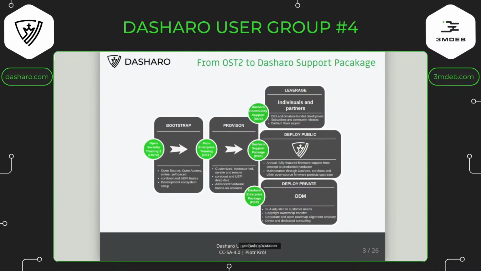If you look for PACE Enterprise Training.com, you will find a website which redirects essentially to the 3mdeb training subpage, and that's customized instructor-led on-site or remote trainings which we provide, which every organization can buy from us. Of course, the margins and gains from that go partly into the pockets of our employees so they can put bread on their tables, and the other side goes to Dasharo, making the open source firmware brand stronger.